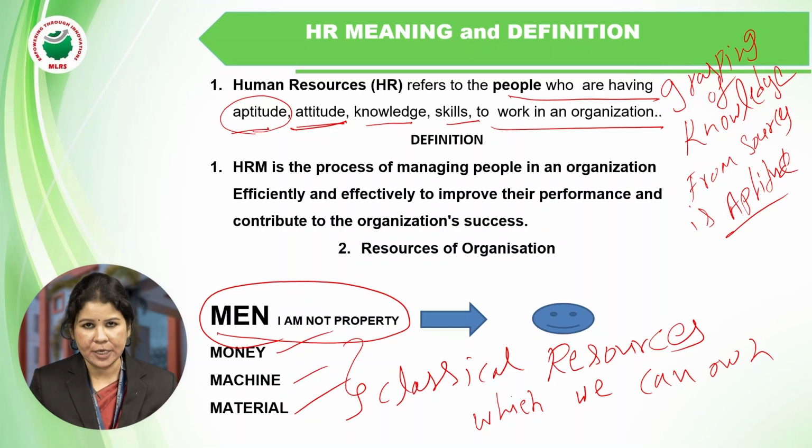Then what is attitude? Attitude means values. Suppose you are an employer and you have values, you will maintain good working conditions, meaning you have a good attitude towards your organization and towards your employees. That is also referred to as a human resource.